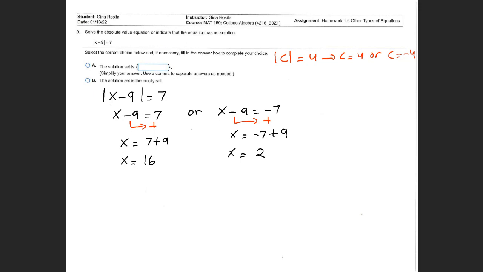Okay, now go to the next one. Number 10. I'll make it bigger so it's easy for me to write down. Solve the absolute value equation or indicate that the equation has no solution. This is the same, right? Absolute value of 2x minus 1 equals 7. Remember the formula, so it becomes 2x minus 1 equals 7 or 2x minus 1 equals negative 7.